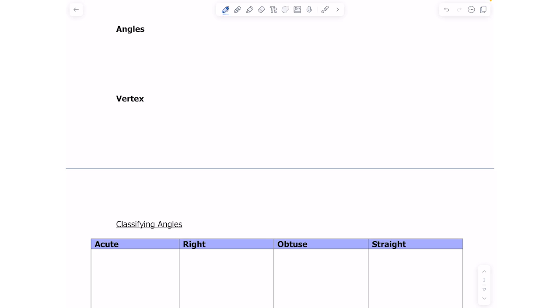So an angle, let's talk about those. One definition is it's 2 rays with a common endpoint. Okay, and that common endpoint has a name. It's called the vertex.